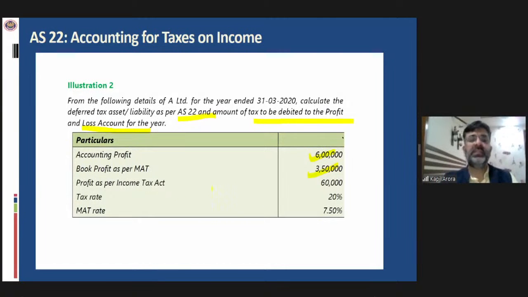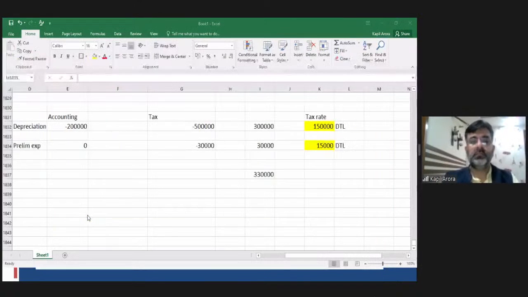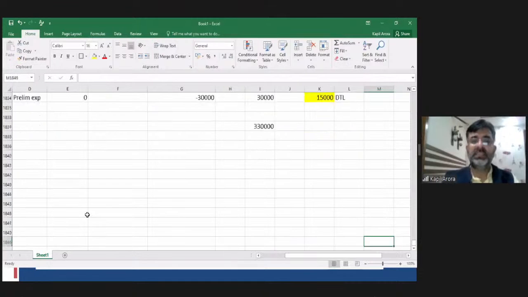So the government came up with the method of MAT, which is the minimum tax which the government would take even if you don't have profit, even if you have availed all the allowances which can reduce your profit. So for that purpose, what we need to figure out is, what is my deferred tax in this particular case? Now to find out the deferred tax, we have understood one concept, which was: what is the total tax expense?